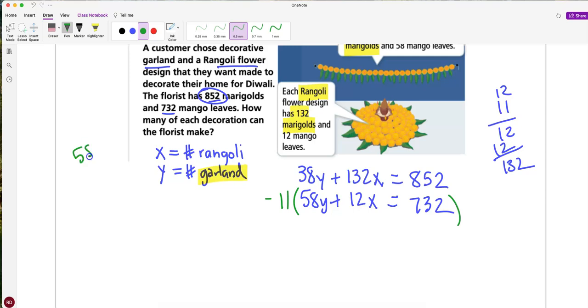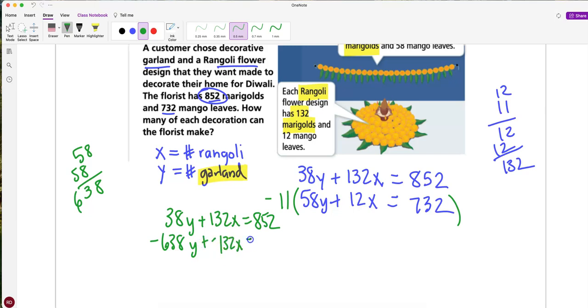So 638y plus a negative 132x equals 732 times 11, so that's negative 8052.